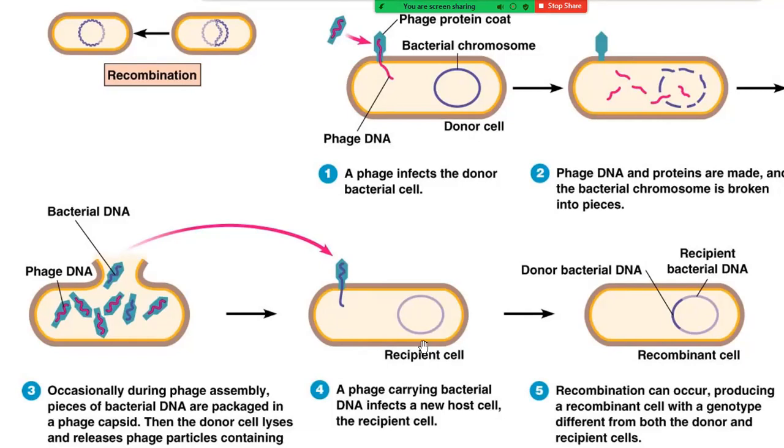And this cell, let's say it's sensitive to the antibiotic tetracycline, and this cell is not. Right there, we have the gene for tetracycline resistance. And this piece of DNA is incorporated into this virus. This virus then can move DNA from this cell into this cell, assuming that this virus attaches to this cell and then dumps in its DNA.